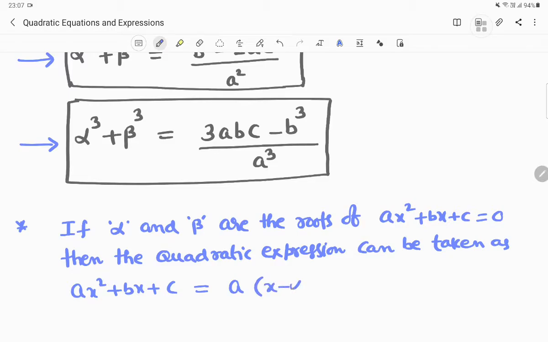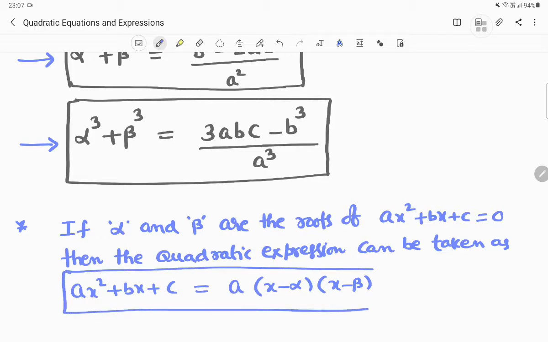So x minus alpha into x minus beta. This is one of the possibilities to write the quadratic expression ax square plus bx plus c as a into x minus alpha into x minus beta.